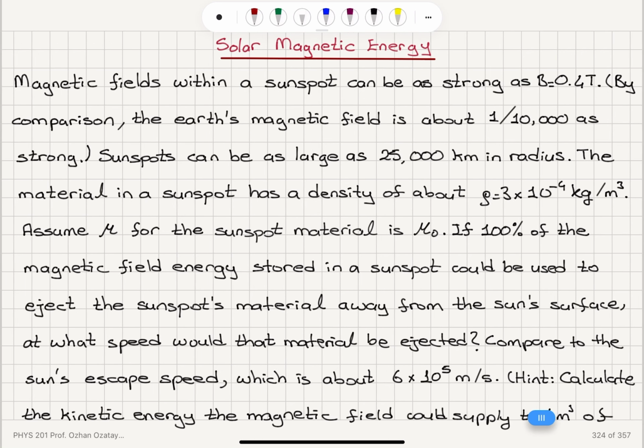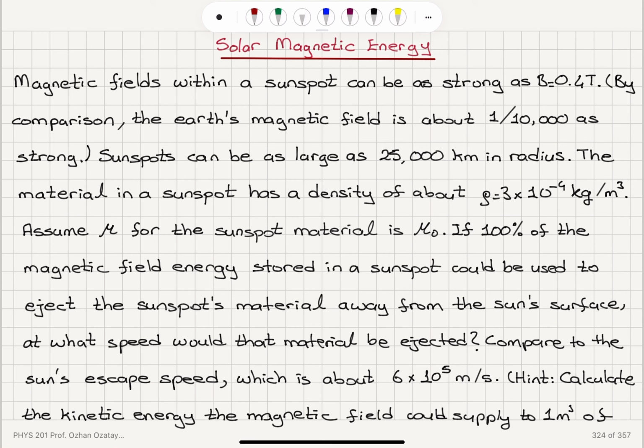Okay, so in this problem, we're talking about magnetic fields within a sunspot. These can be as strong as 0.4 Tesla, about 10,000 times greater than the Earth's magnetic field. And sunspots are 25,000 kilometers in radius.